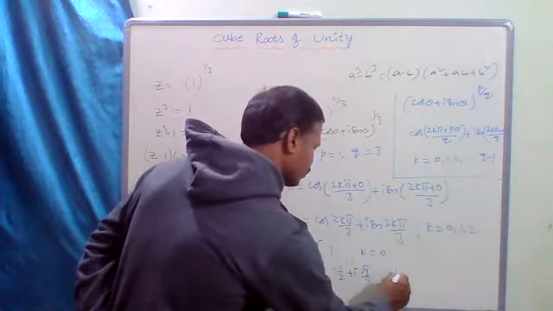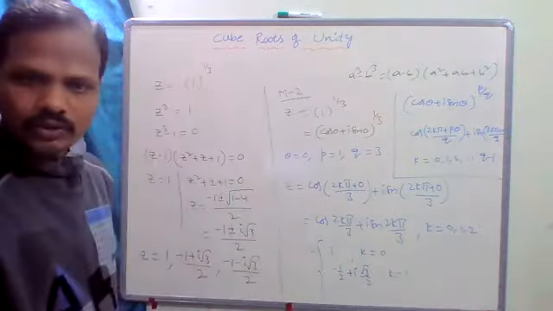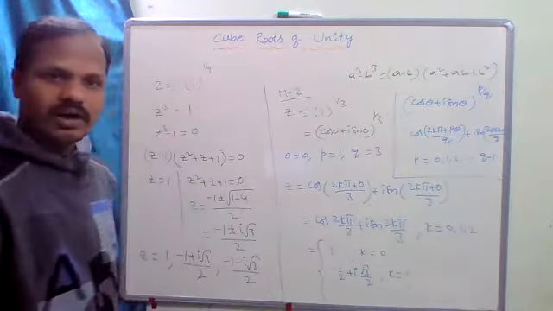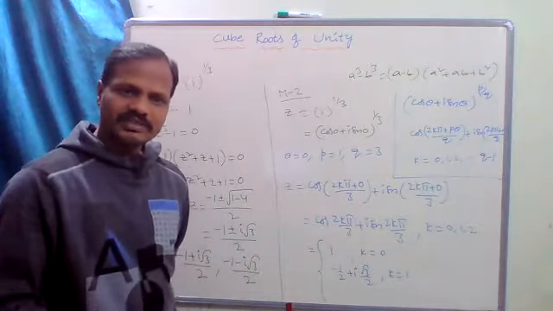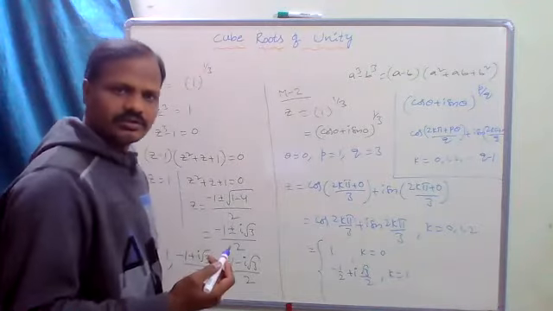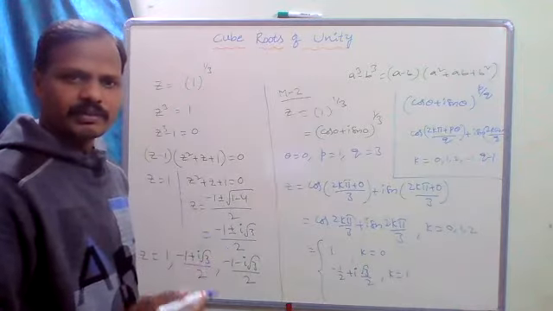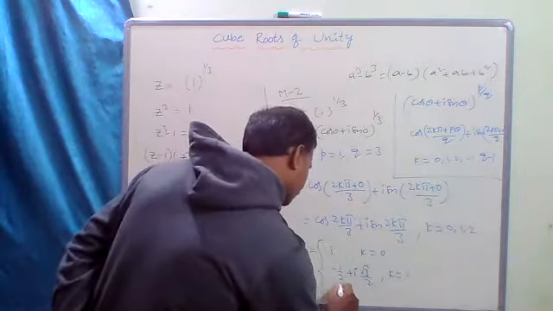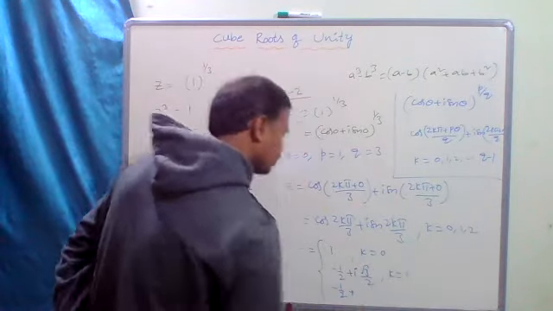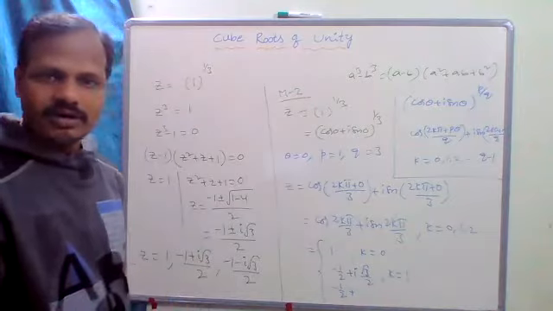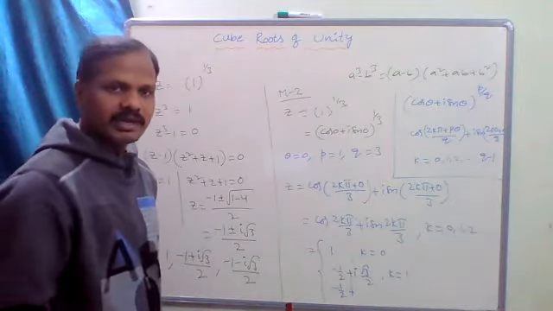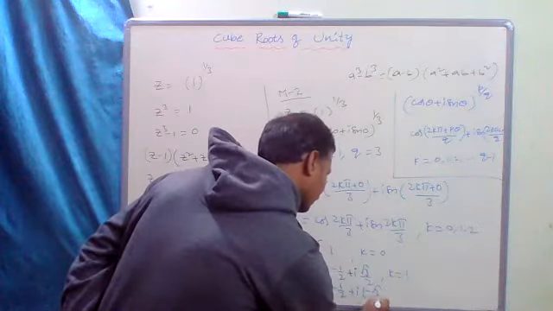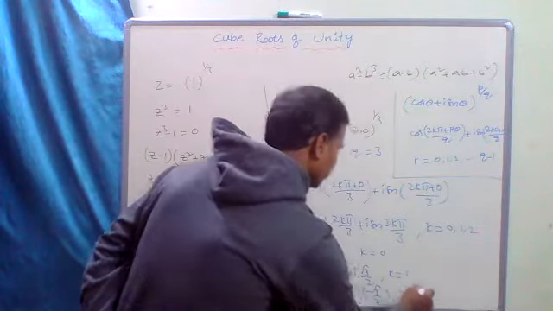For k equals 2, cos 4 pi by 3, which is pi plus pi by 3, in the third quadrant. Cos is negative, minus 1 by 2, and sin 4 pi by 3 is also negative in the third quadrant, so I into minus root 3 by 2. Clear?